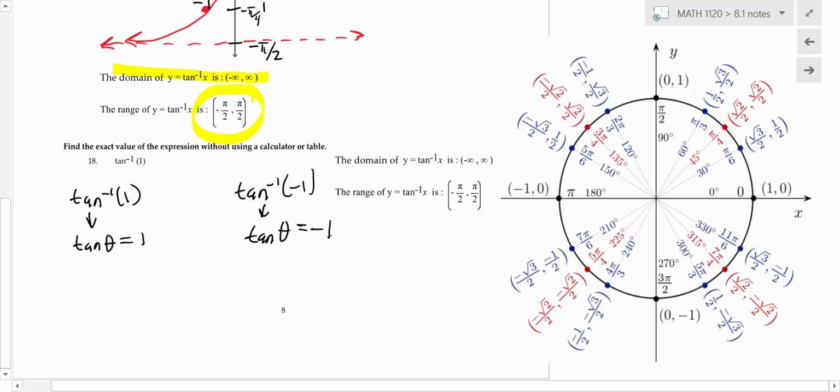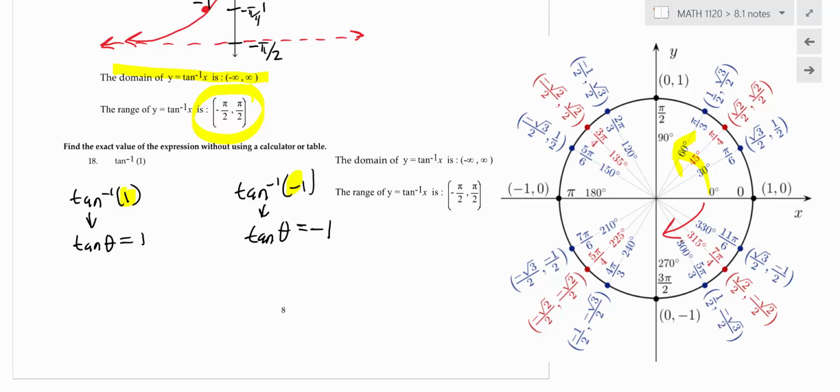Okay, now you can process this in your head. First of all, if you have a positive, you're going to be in this quadrant like that. If you have a negative, it's going to work just like the sine. You're going to have a negative angle down in quadrant 4. Okay? All right, so let's look at the unit circle. Remember, the tangent is y over x. Where is y over x equal to positive 1?